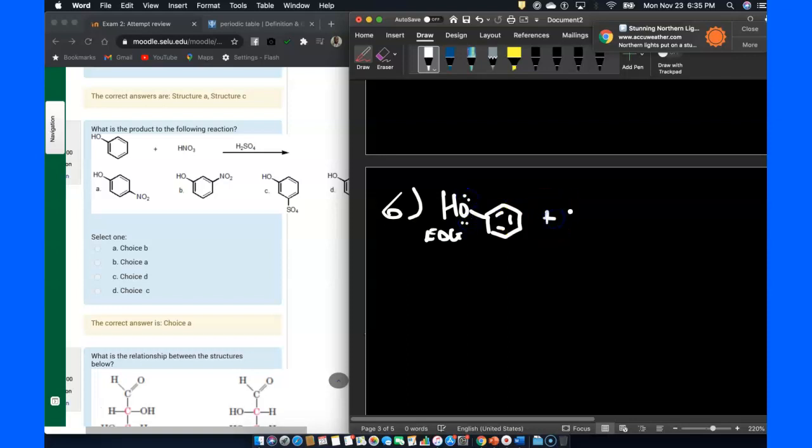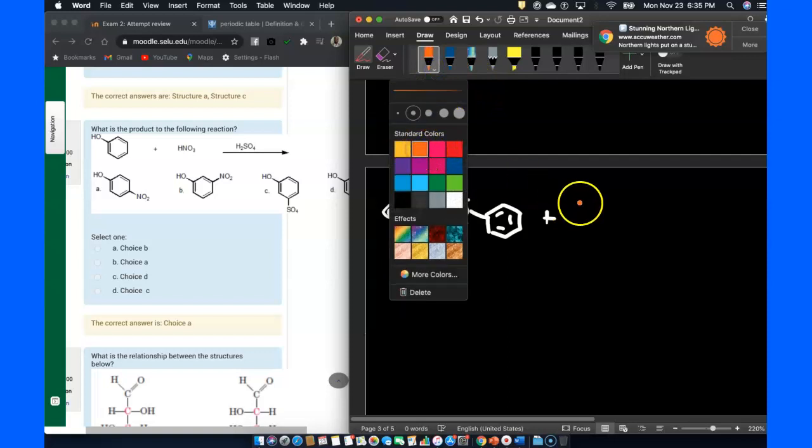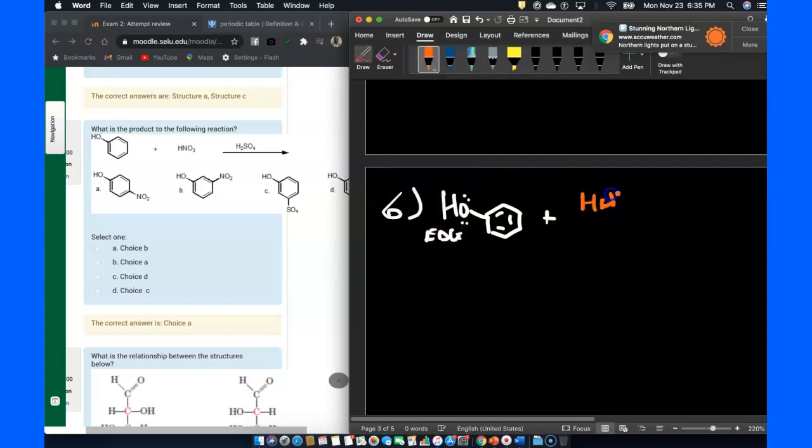And I am adding nitric acid in presence of sulfuric acid catalyst. So you have HNO3 in presence of H2SO4. Again, the second question I'll ask myself is, what is the electrophile that's going to end up on the ring? In this case, it's NO2 plus.